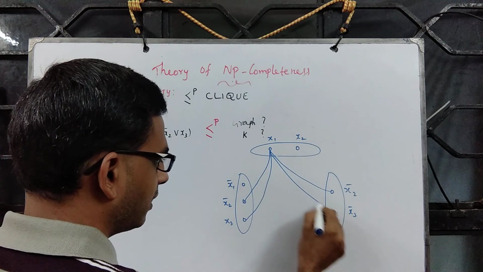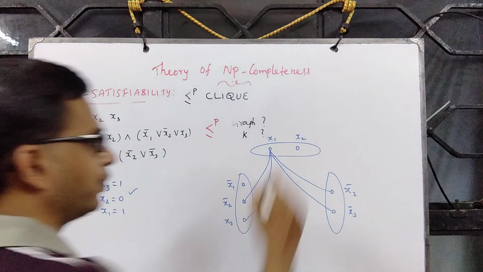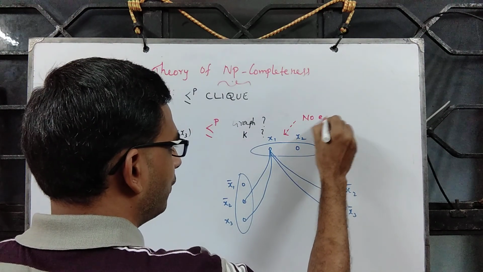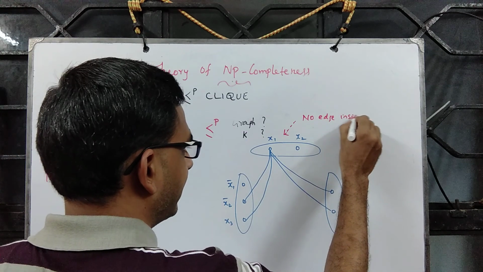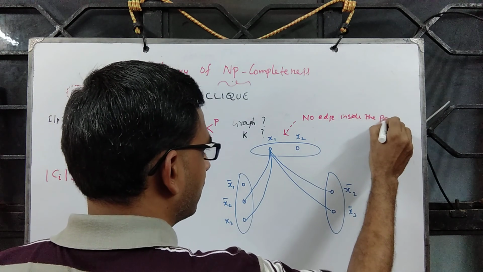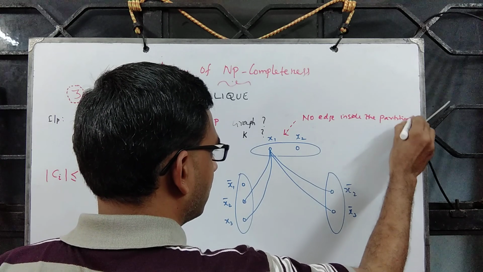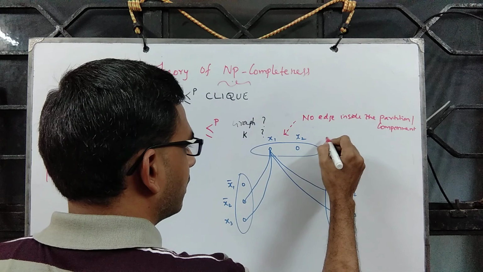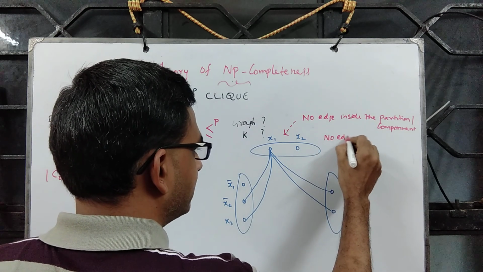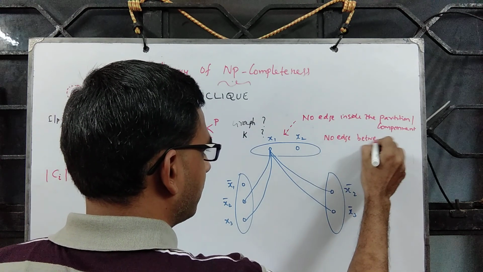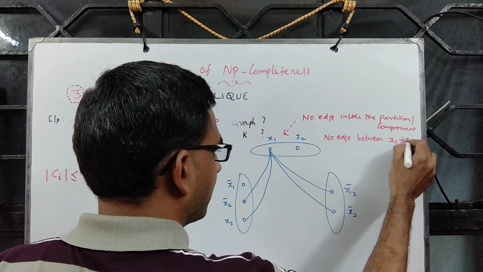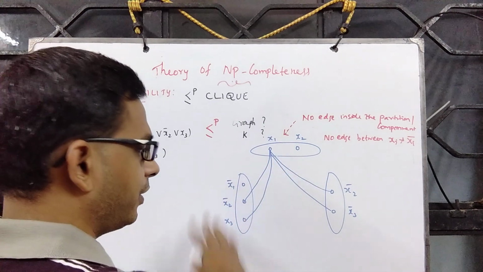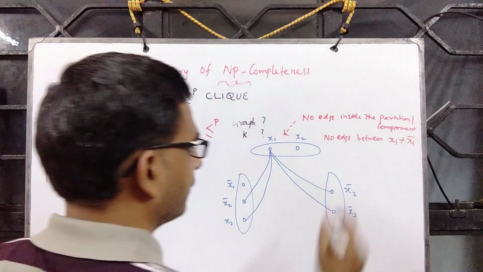So like that, you look at any component: no edges inside the partition or component, and no edge between xi and xi bar, and you find all other edges.